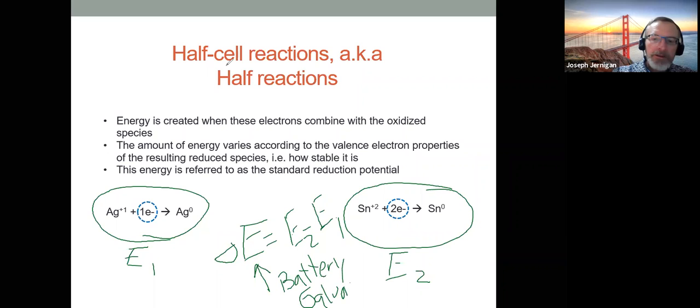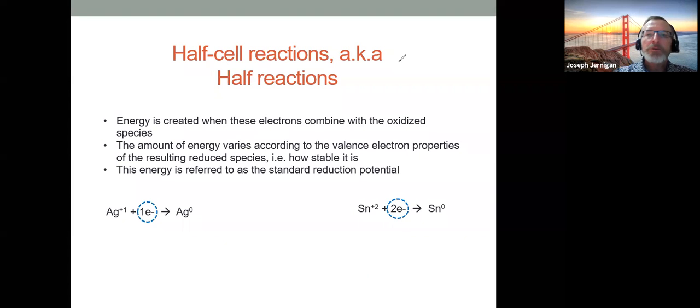Galvanic cell, okay? And that's, in a nutshell, the fundamental essence of electrochemistry, being able to manage the different electrochemical energy differences between species in these different redox couples.